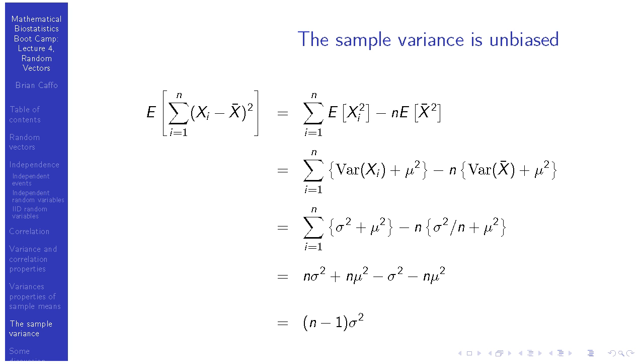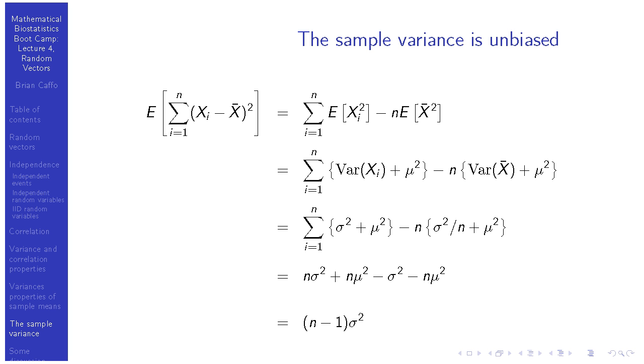That's what we're going to talk about now: the mean of that distribution turns out to be sigma squared if you happen to do the calculation where you divide by n minus 1. So I'm going to show it by showing that the expected value of the numerator of this statistic is equal to n minus 1 times sigma squared. That's the same thing as showing that the sample variance is unbiased, because then you just divide both sides of this equation by n minus 1 and you get the result.